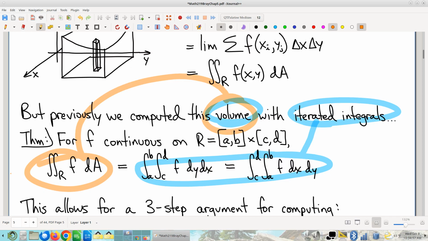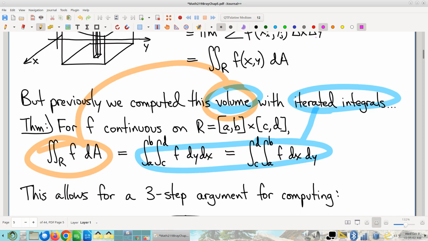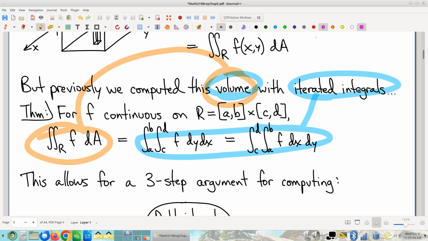And the very powerful, surprisingly important conclusion we get here is because these two things, double integrals and iterated integrals, both answer the exact same question, that means that because they're computing the same thing, they are equal to each other. Everybody see that? Not clear why we care. Right? But there it is.